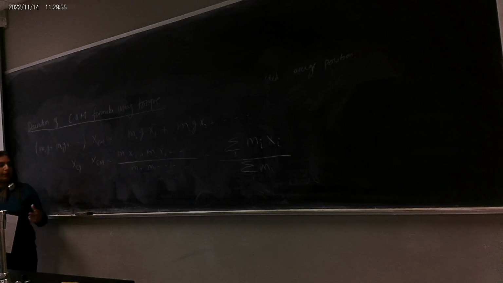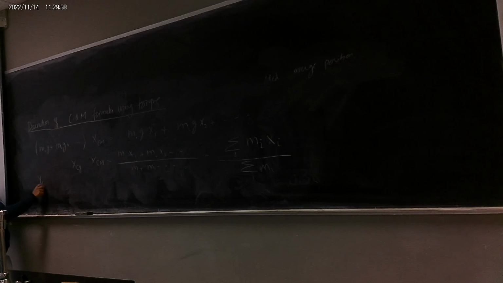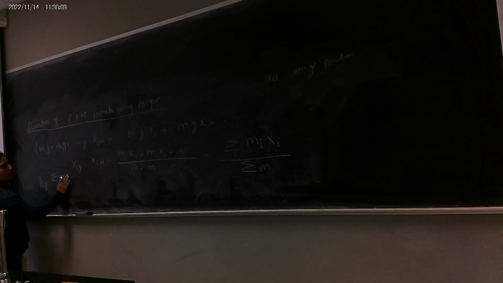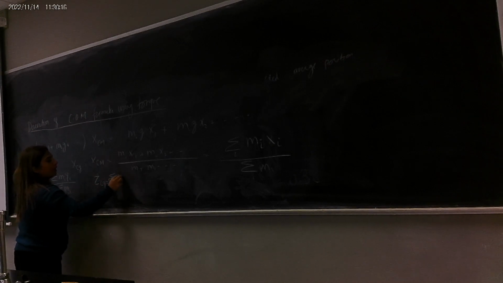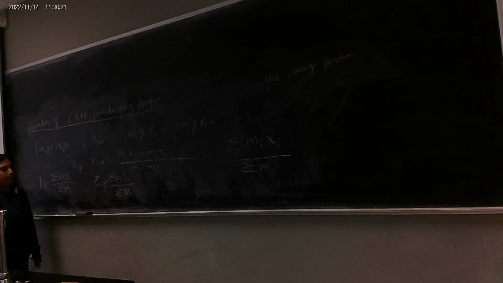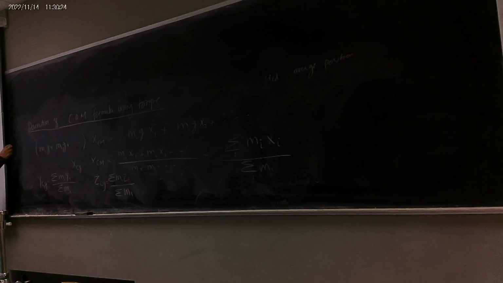So we can also write YCG or YCM equal to the summation of MiYi divided by the summation of Mi, and ZCG equal to the summation of MiZi divided by the summation of Mi. The complete center of gravity or center of mass would be equal to XCG, YCG, and ZCG.